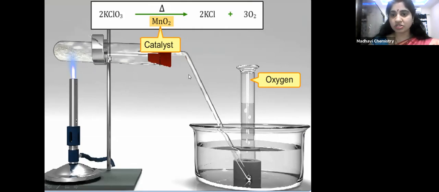That oxygen is passed through this water and collected in this container, right, children? So this is the oxygen. It is light in weight, so that's why it is collected here. This is the method of preparation of oxygen by KClO3 or nitrate or permanganate salts, right? So this is the laboratory method.